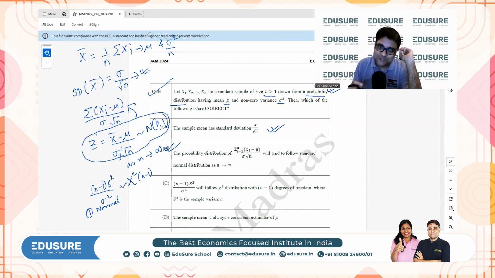Although, if I have extremely large n, it may still be approximately a chi-square n minus 1 because of CLT, but generally this will not hold. Also, if the sample is drawn from any general distribution with a finite variance, then obviously the statistic may not follow. That's exactly why option C is incorrect.